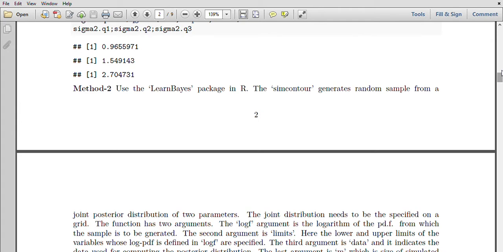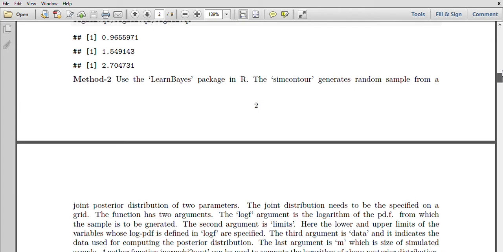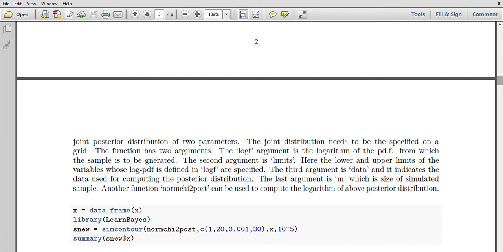What it does is it generates random samples from a joint posterior distribution of two parameters. The joint distribution needs to be specified on a grid. This function simcontour has arguments. The first argument is logf, the logarithm of the posterior PDF from which the sample is to be generated.